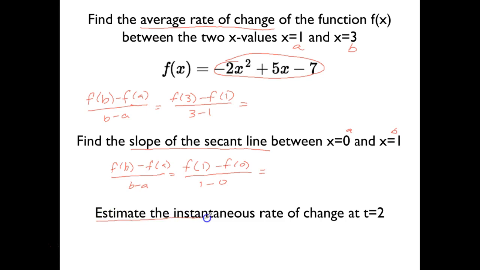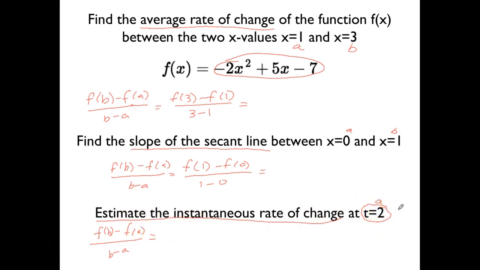Estimate the instantaneous rate of change. There's the other way of writing what you need to see when you write this: f of b minus f of a all over b minus a. And we need our a and our b. Now, if you notice, it's only going to tell you one value when you do instantaneous rate of change, but we're estimating it. So you need to pick a value. This is going to be your a.